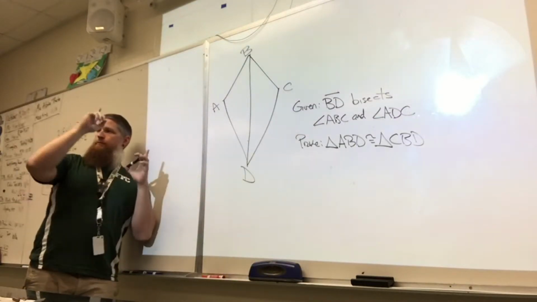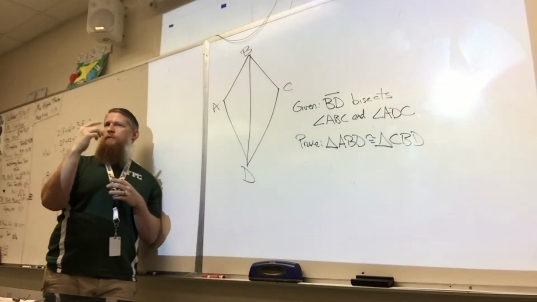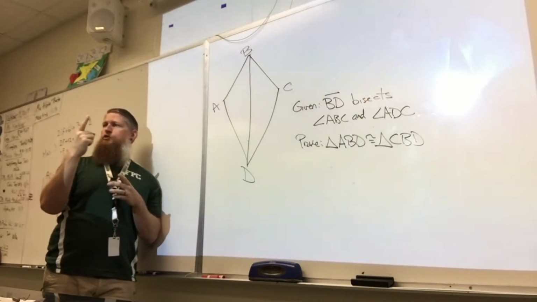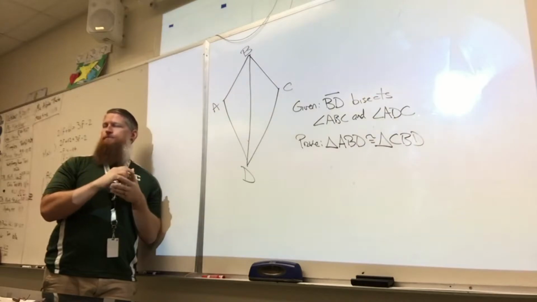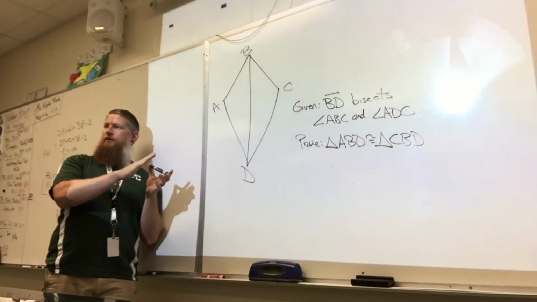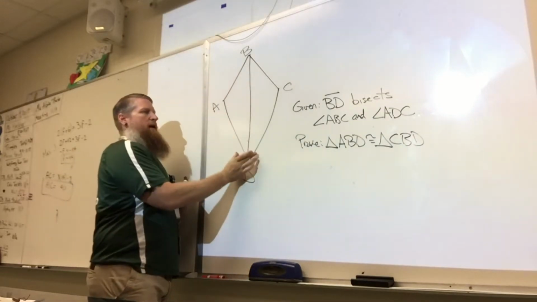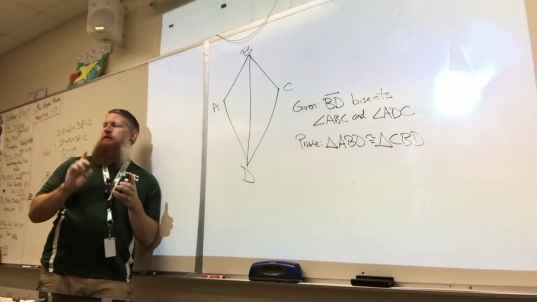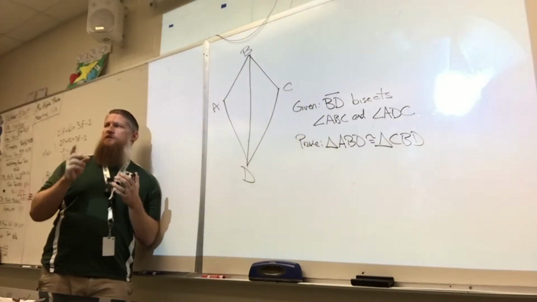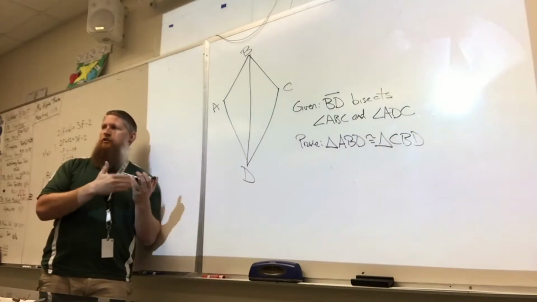Okay, so with this one, going through the steps again, for the first thing here where generally I say mark the givens, it's kind of hard to necessarily mark the givens on here because they're giving you the fact that this thing bisects the two angles. They're not specifically saying anything is congruent, they're giving you a word to use.